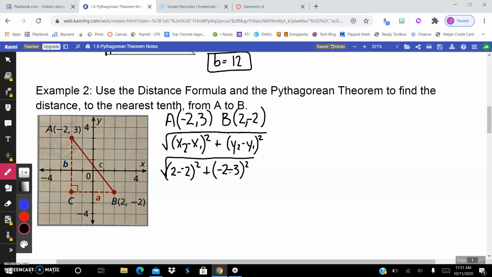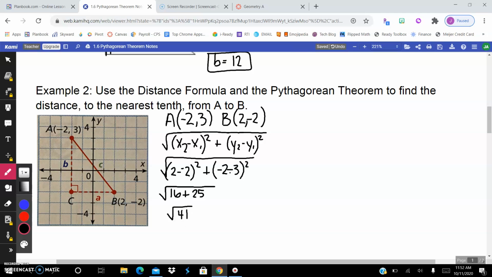Now we have to simplify what's under the radical here. 2 minus negative 2 is 2 plus 2, which is 4. 4 squared is 16. Then negative 2 minus 3 is negative 5, and negative 5 squared is 25. Then 16 plus 25 is 41.